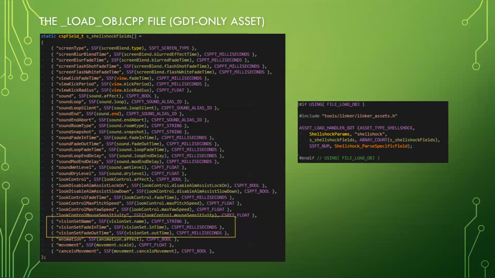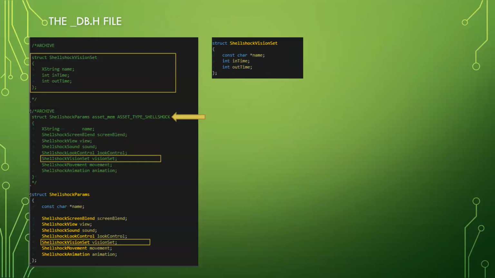This CSPFT_string here is code's version of X string underscore in the asset name that the script bundle asset would have used. This SSF macro here is basically offset of. It looks at the shell shock params struct and figures out what the byte offset of vision set.name from the original shell shock params is.